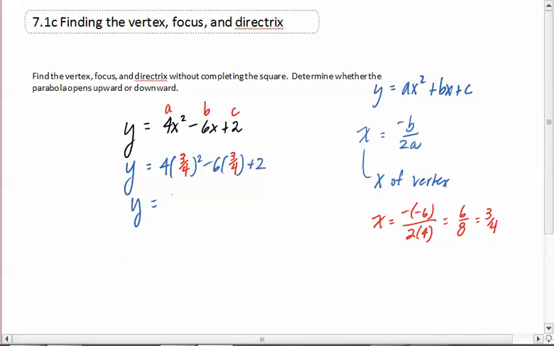Well, this is just 4 over 1 times 9 over 16. We're going to have to know fractions, right? You're going to have to not be afraid of fractions, and if you are afraid of them, just go slowly, all right? So here we go. This is going to cancel with this. That's 4, that's 1. So I have 9/4 there. Minus 6 times 3/4: 2 goes in there twice, 2 goes in there 3 times.